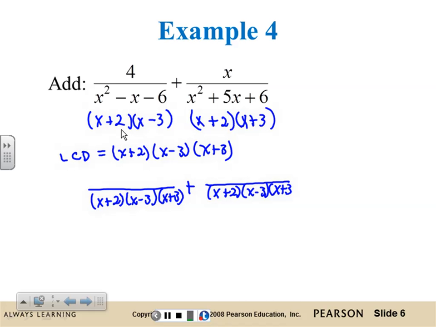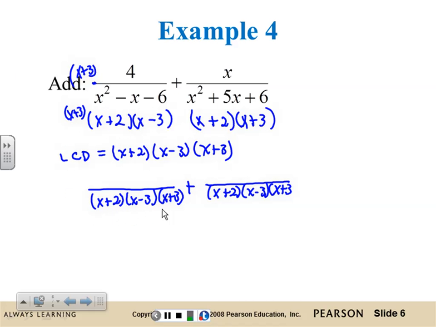What's different from this denominator, x plus 2 times x minus 3, to the least common denominator? What's different from here to here? It's that x plus 3. So I need to multiply again by a factor of 1. I'm going to multiply the top by what's different, which is that x plus 3, and the bottom by that x plus 3. So here is my common denominator.